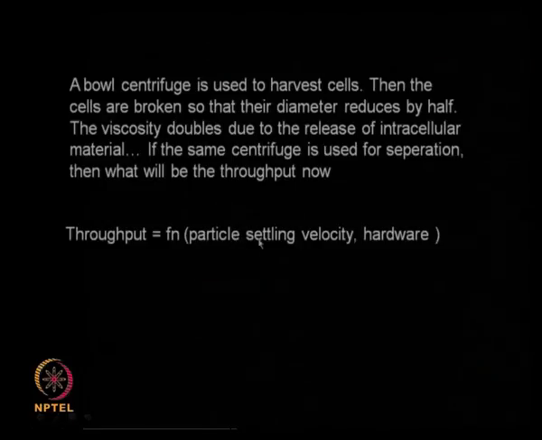Nothing is happening to the hardware, I am maintaining the same RPM and using the same centrifuge, so only the terminal settling velocity term changes. So my throughput will depend upon the parameters inside my terminal settling velocity. Throughput is a function of particle settling velocity and hardware, and I am not doing anything to the hardware, I am just changing the settling velocity because the particle size has become half and the viscosity has doubled.